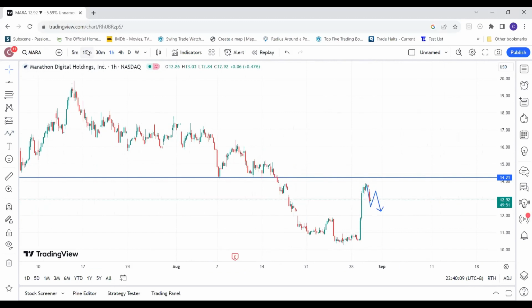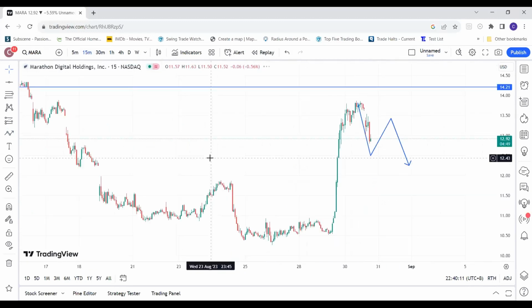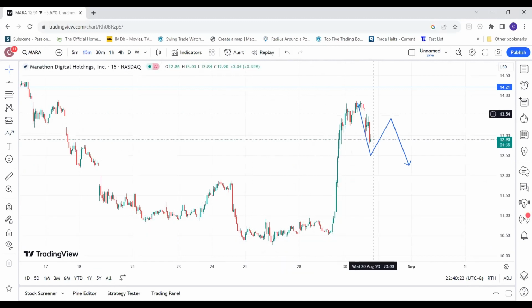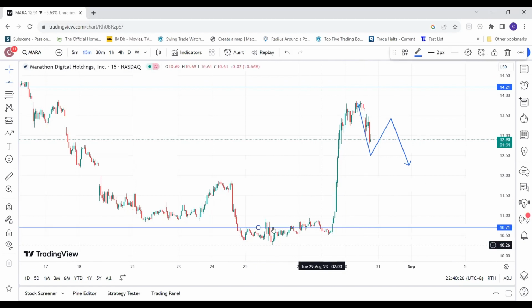If you zoom in to an even smaller time frame, this is also a range, and we call this a consolidation. When there's a consolidation, there is also remaining demand here. So you probably have to wait until it taps back here, around this whole zone from 10.5 to 10.7.